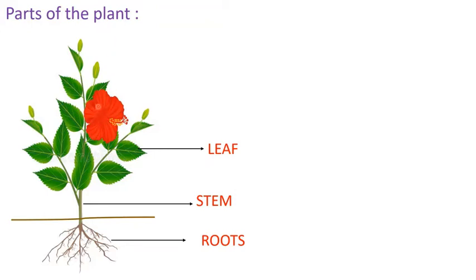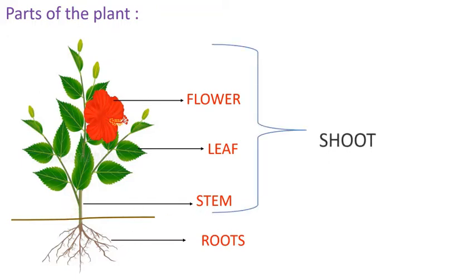Next, what is this, children? Yes, it's a flower. Flowers are the most beautiful and colorful part of a plant, and they also produce fruits. Very good. Now, children, the part which grows above the ground is called as shoot.